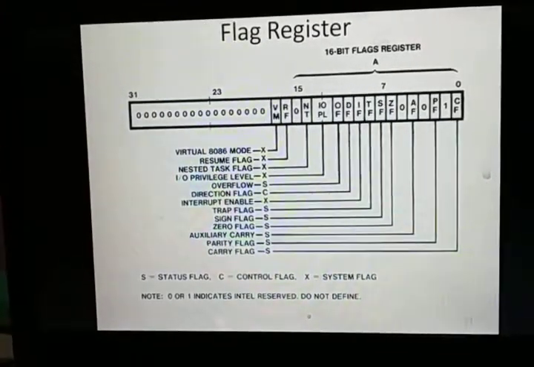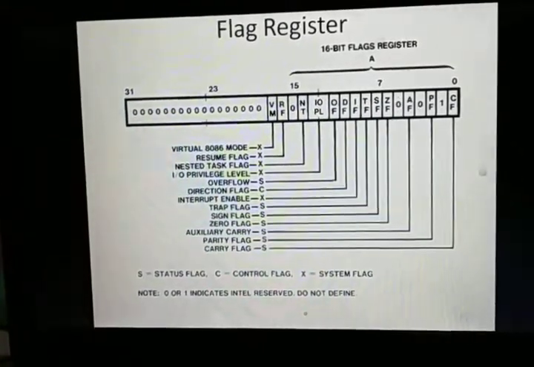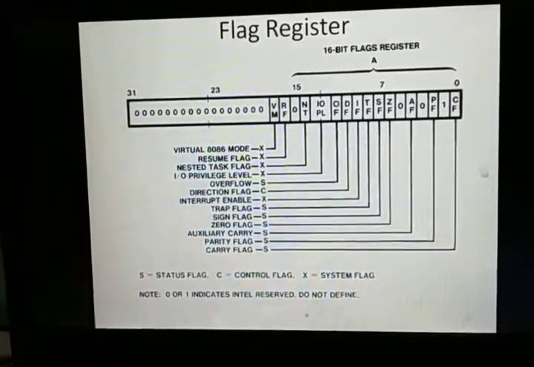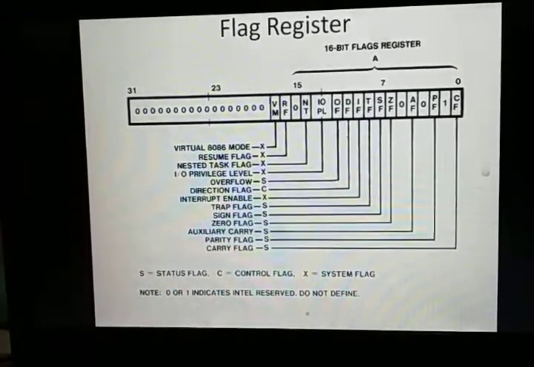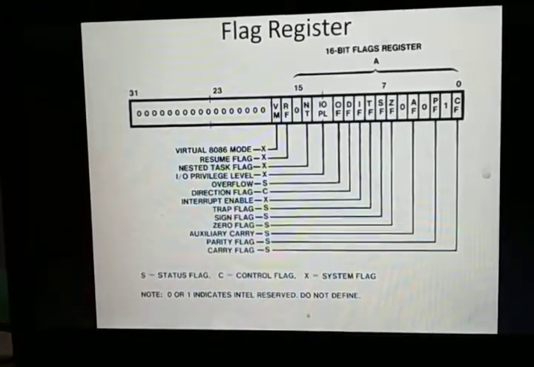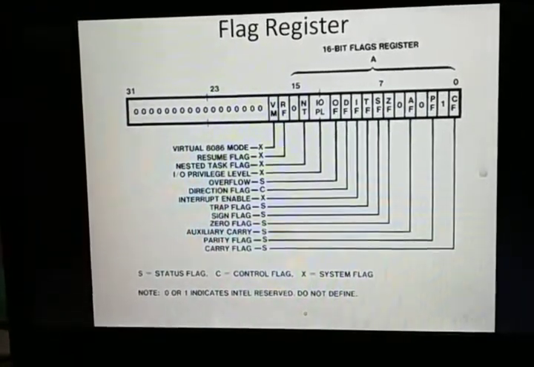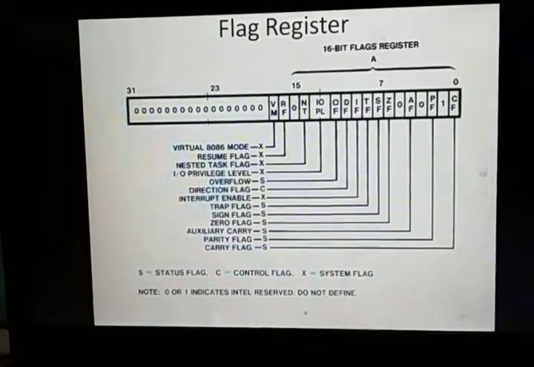Now we will start from the flag register. In this diagram you can see it is a 32-bit register. We start from the 0th bit, which is the carry flag bit. The carry flag is related to arithmetic operations.